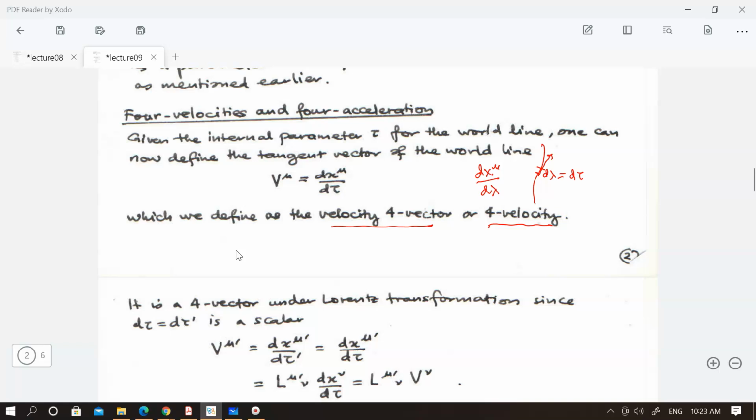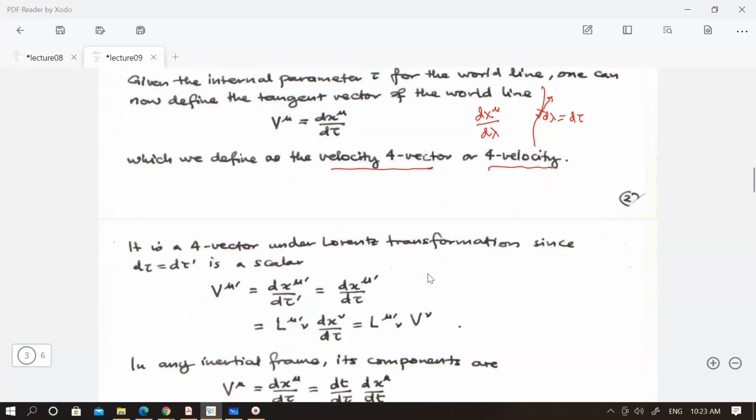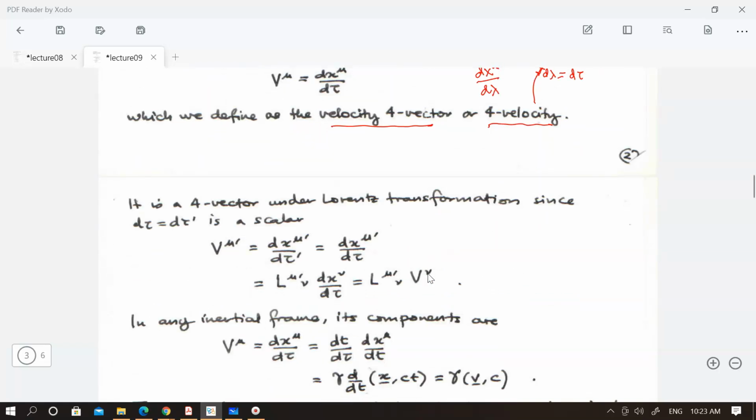So if this is a proper vector, then it should have the right transformation law. You can check this by considering that under some Lorentz transformation of the coordinates, your d tau doesn't change, because d tau is related to the square root of minus ds squared.